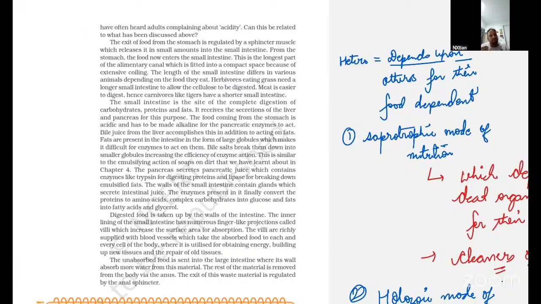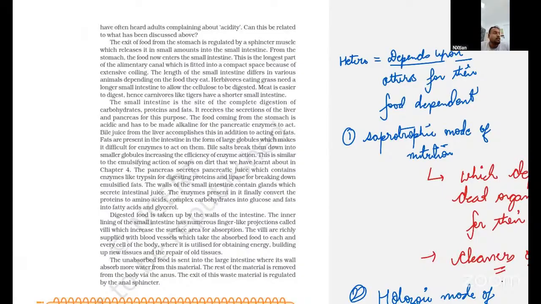So this will give the burning sensation in the esophagus, and this whole thing will be taken care of by the antacid, which is also called milk of magnesia. Got it? Yes.